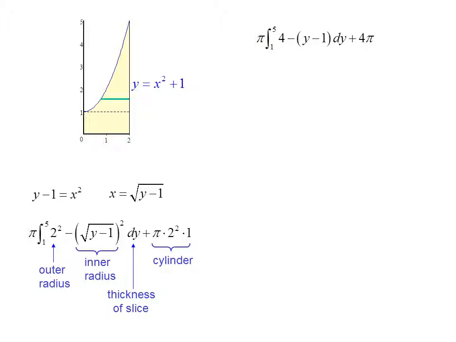Our integral becomes pi times the integral from 1 to 5 of 4 minus y minus 1 dy plus 4 pi, or pi times the integral from 1 to 5 of 5 minus y dy plus 4 pi.